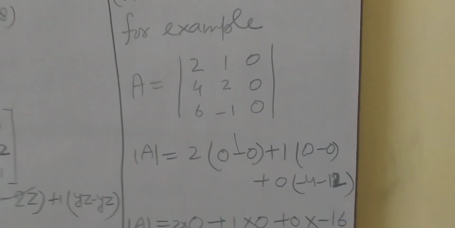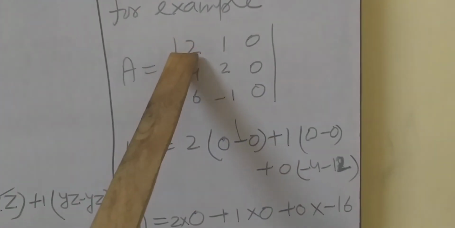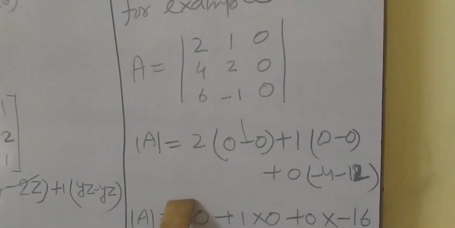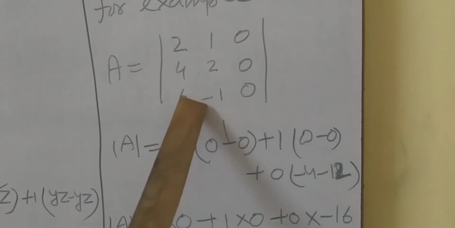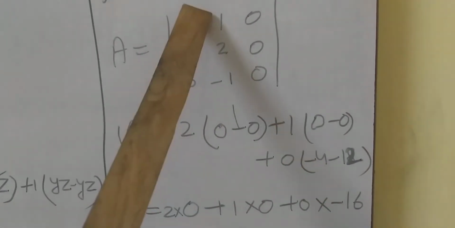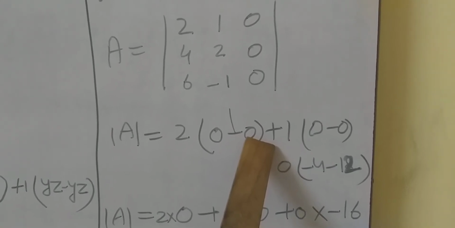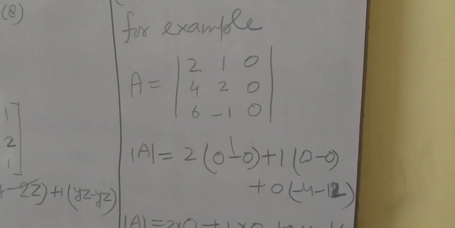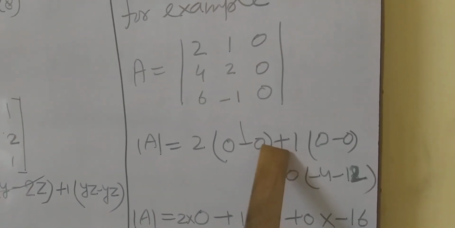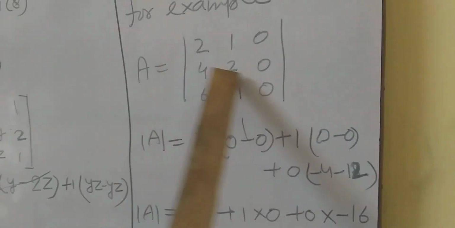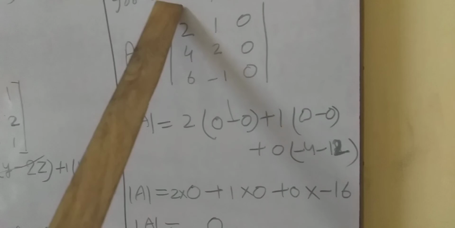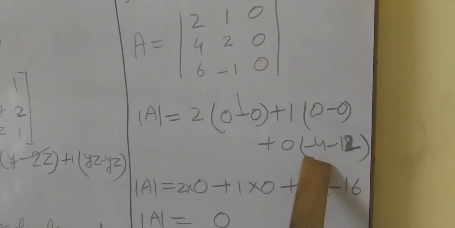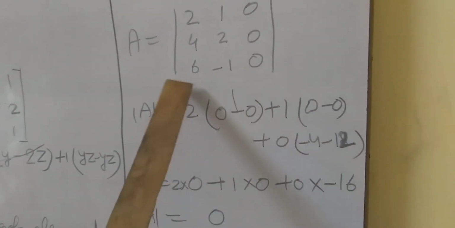Let us calculate. Determinant of A, I am expanding it along the first row, 2, with row and column deleted, 0 minus 0, plus 1, with row and column deleted, student, it will be minus 1. 0 minus 0, then plus 0, with column and row deleted, minus 4, minus 12.